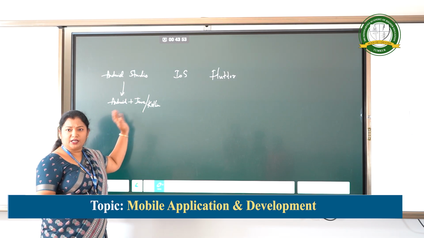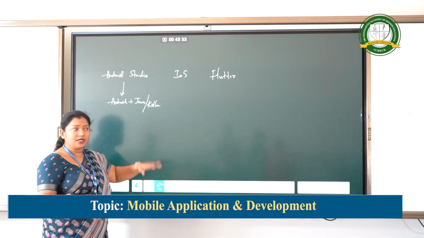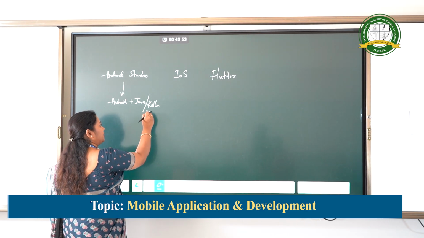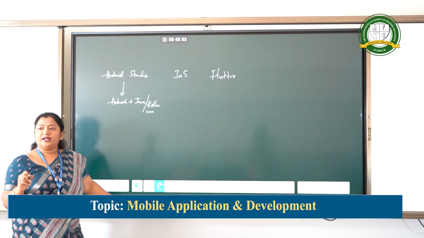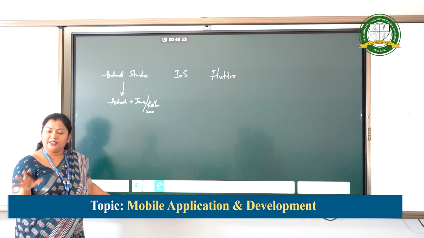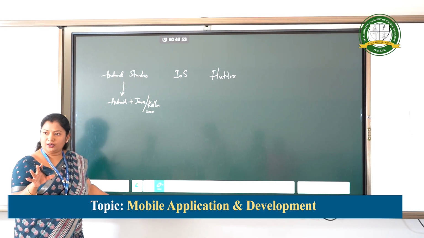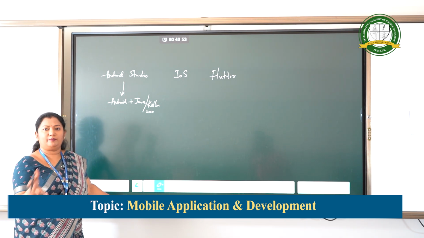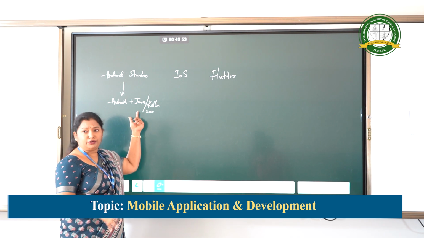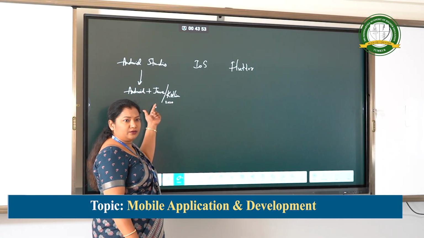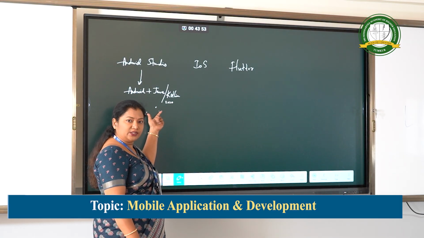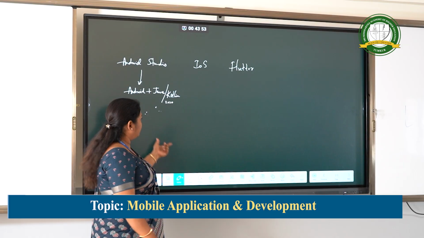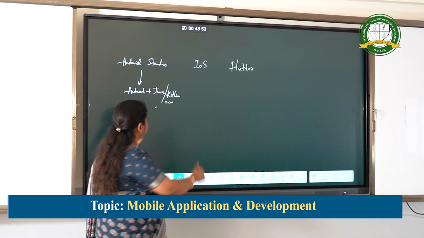Before Kotlin, Java was extensively used. Later, by 2020, Google declared that Java would be completely replaced by a new language called Kotlin. Let us not bother about which language to choose. Let us stick to Java, where we will have hands-on sessions throughout our syllabus and in practicals also.